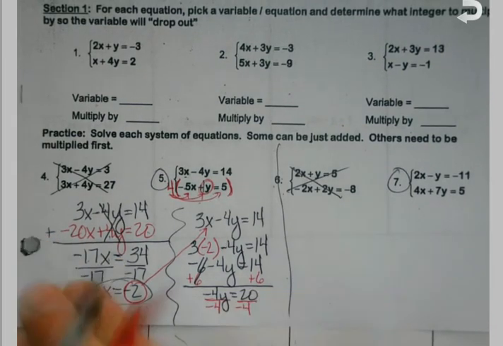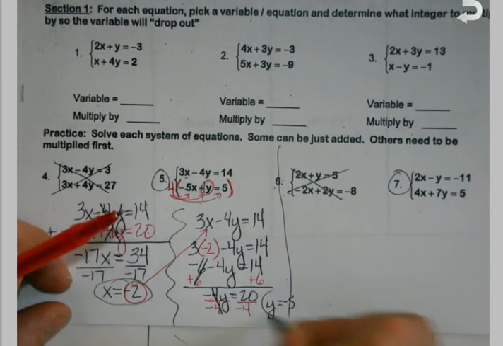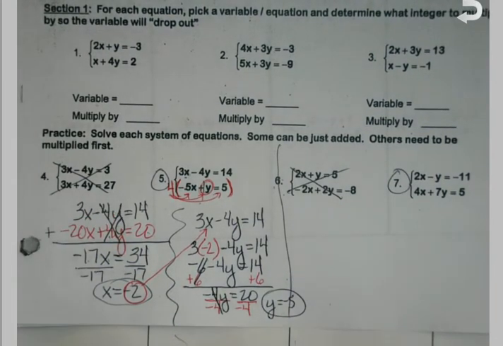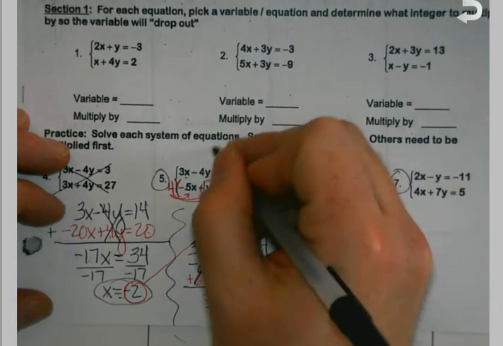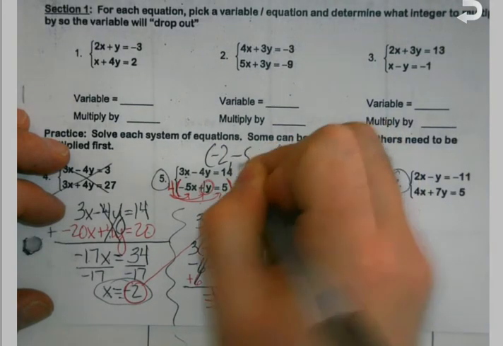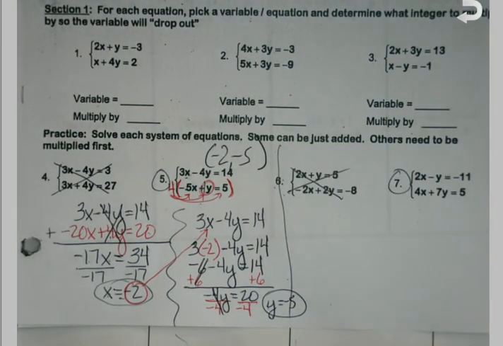And I'm going to do opposites till I squeeze my answer in here at the end. And again, my coordinate points are always going to be x, then y. And that just continues to be my goal. Eliminate something, and I can always work it out from there.